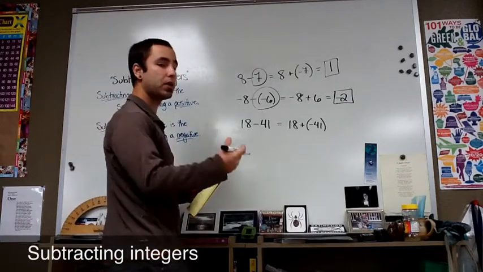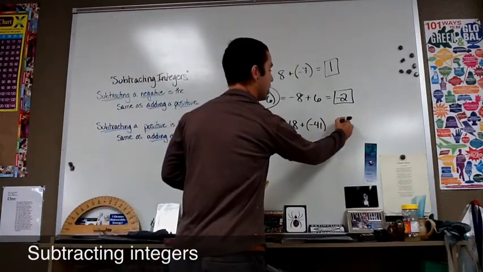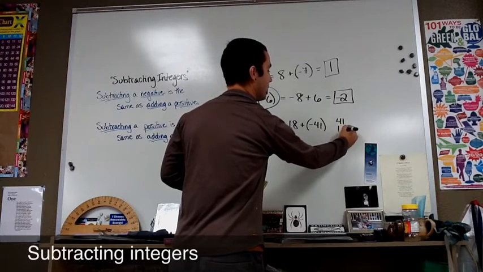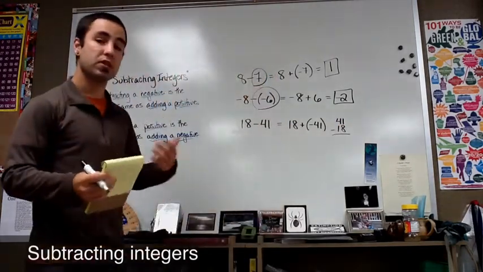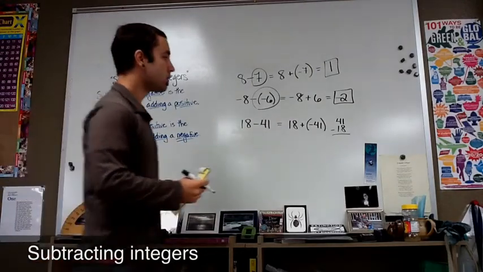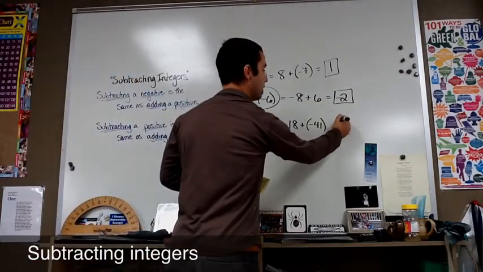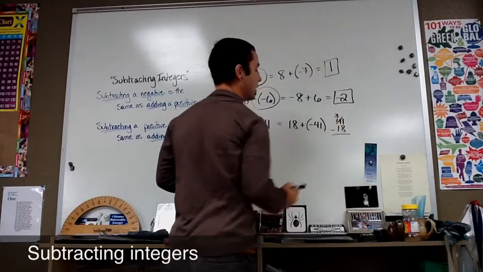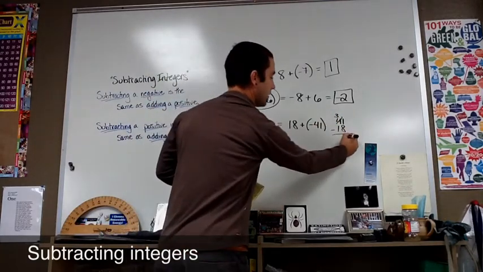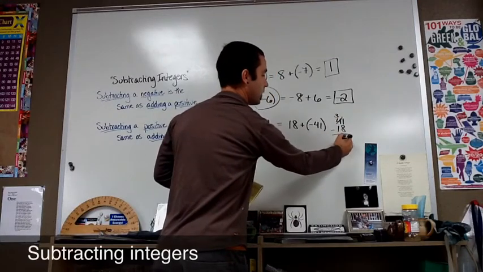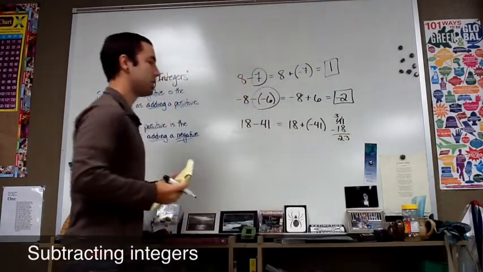So for me, I'm going to actually put this in what I call the building form, or the vertical form. And to find the difference means subtract them. So I can't take 8 away from 1. So I make it 11, leave the 3. 11 minus 8 is 3. 3 minus 1 is 2. And there is the difference.